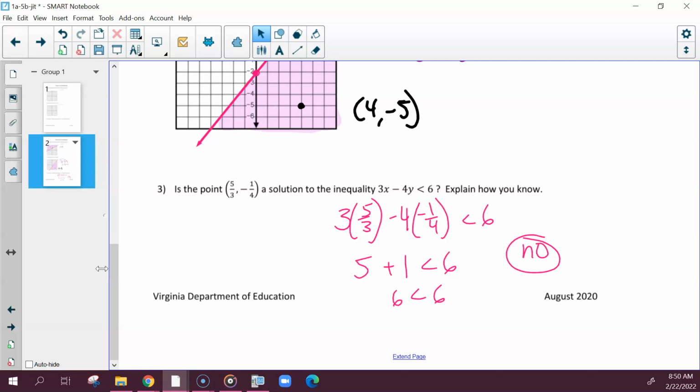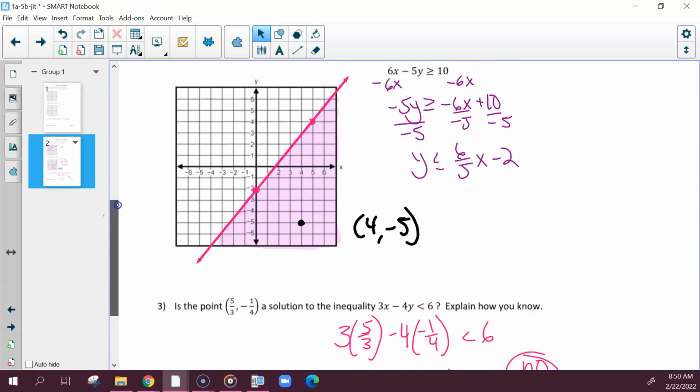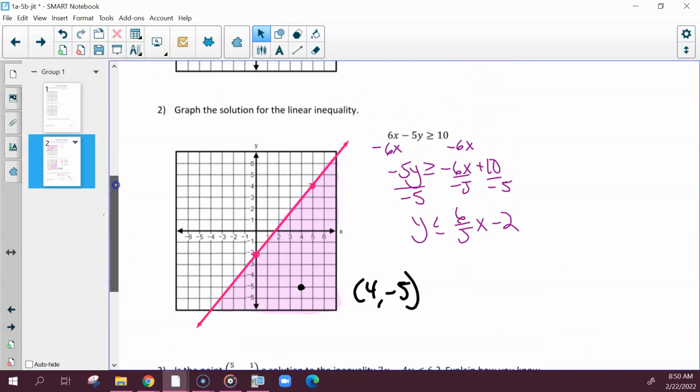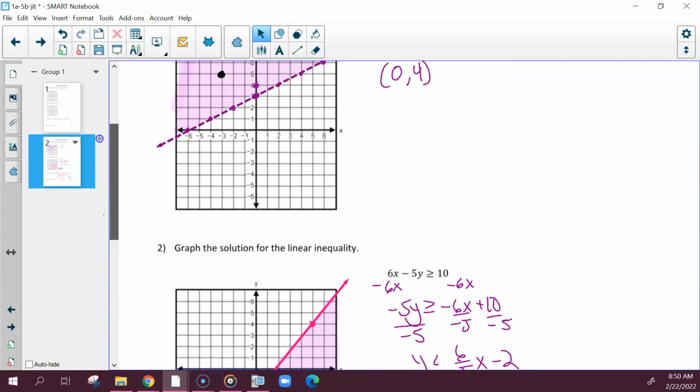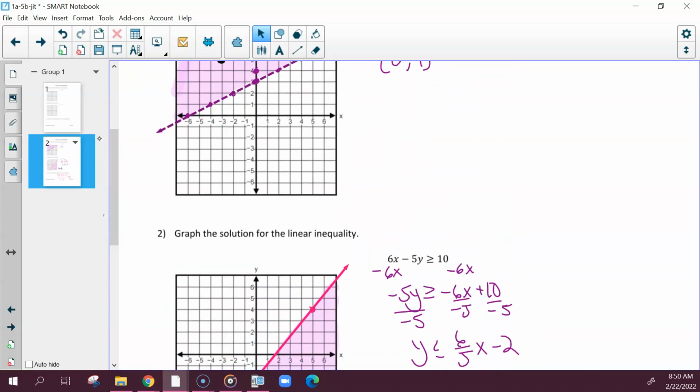Did we have any Khan Academy or Delta Math questions? Honestly, I wouldn't hold it. You want one? I have some.